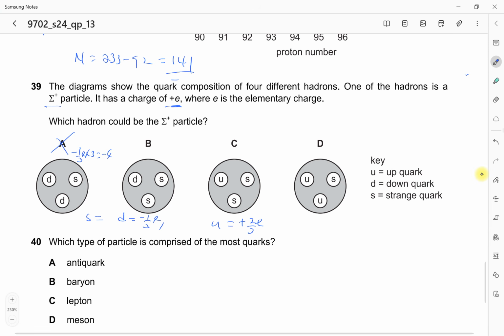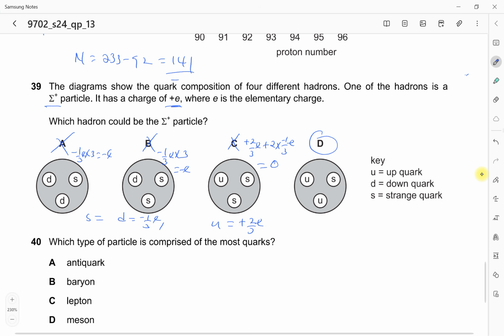So this is out. This one is also down strange. So this is -1/3e times 3, because each has -1/3. So this is -e, which is out. And this is plus 2/3e, then plus 2 times -1/3e. So I think this gives us 0. So this is out. So the answer must be D.